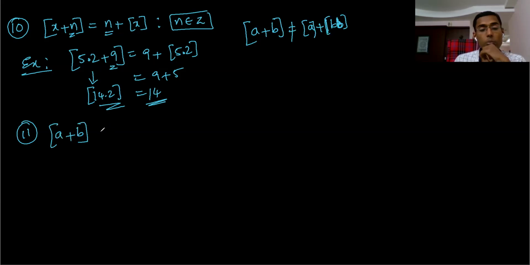The integral part of a plus b is always greater than or equal to the integral part of a plus the integral part of b. Why? When is it equal? When the fractional part of a plus the fractional part of b is less than 1.